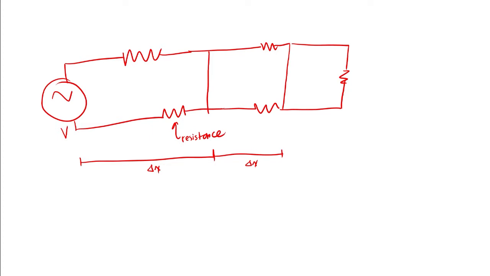So when we're designing a system, we need to think about R, L, G, and C, or resistance, length, capacitance, and conductance.